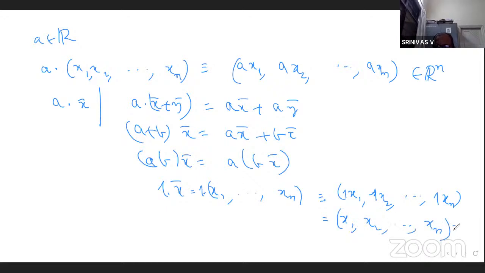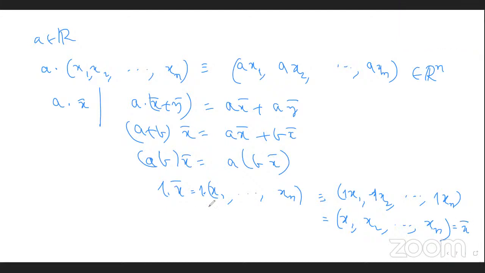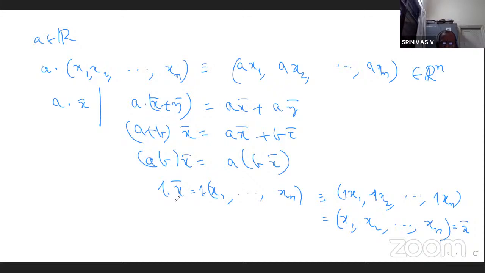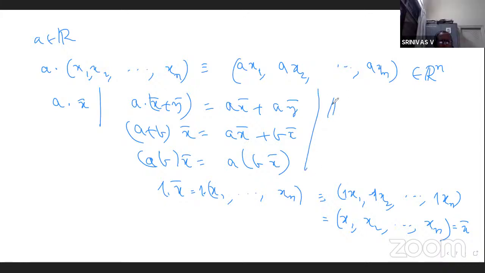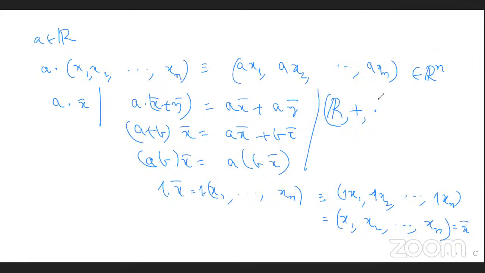It's nothing but x bar. So this is the final property in the definition of a normal linear space. That's how your Rn under the point-wise addition, which is component-wise or coordinate-wise addition, and this coordinate-wise multiplication, is a vector space overall.